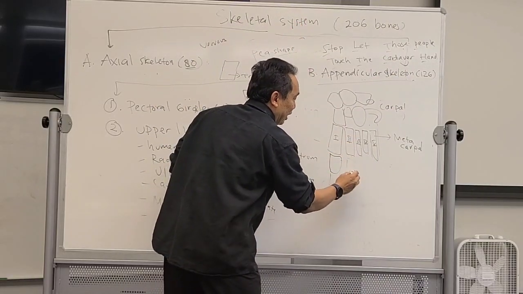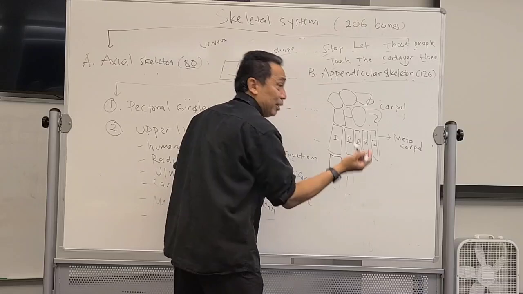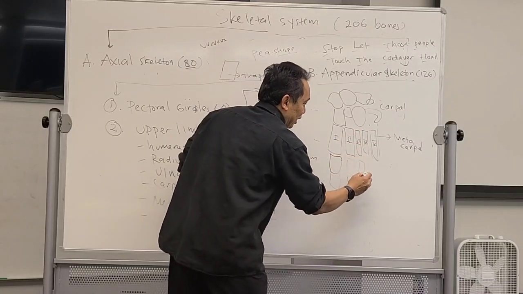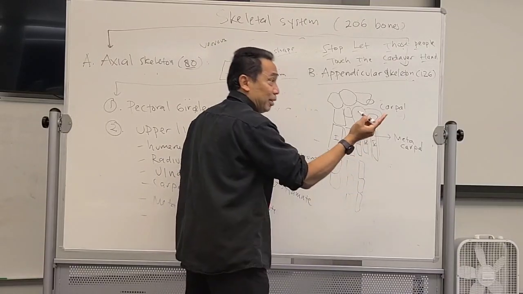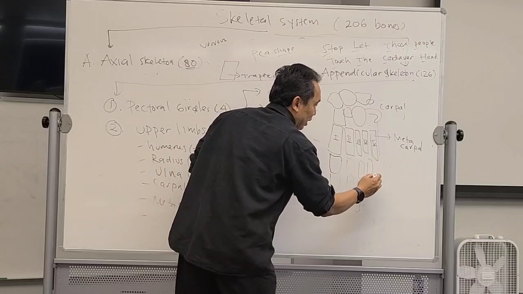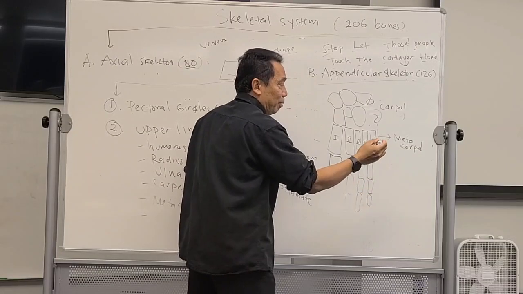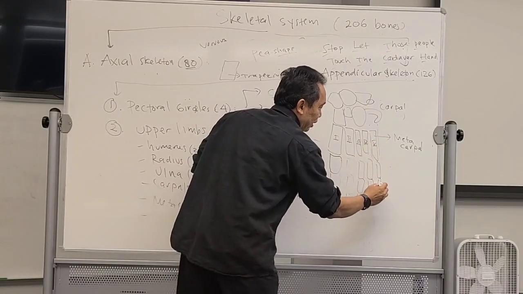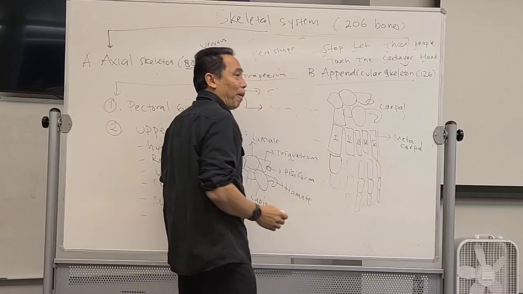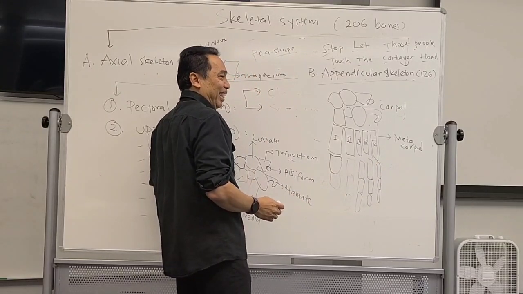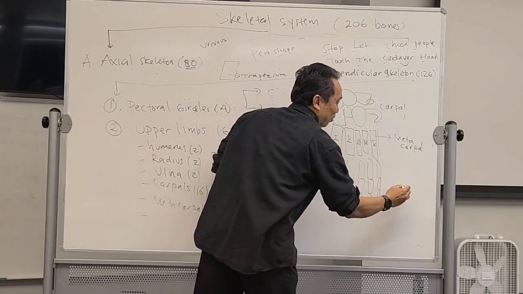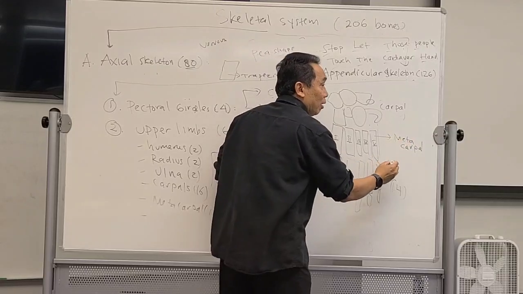And then this one has 3. The middle one also has 3. Got it? Ring one also has 3. Pinky also has 3. Now how many total? 14, right? 14. All of them are called phalanges.